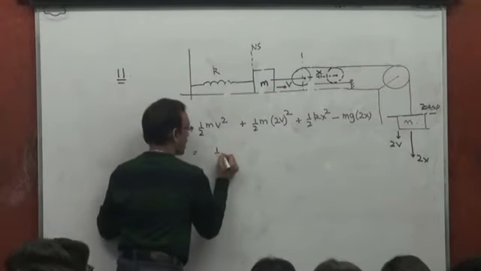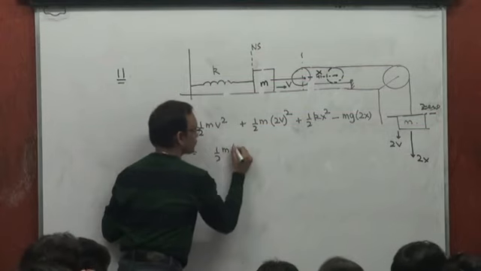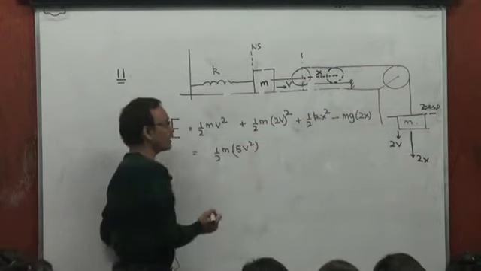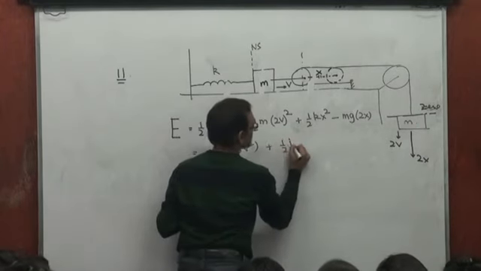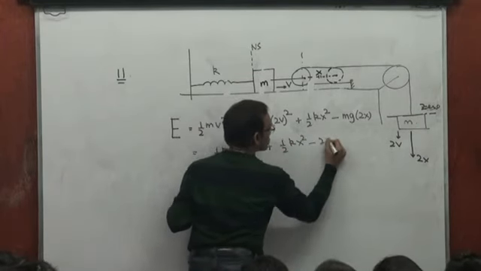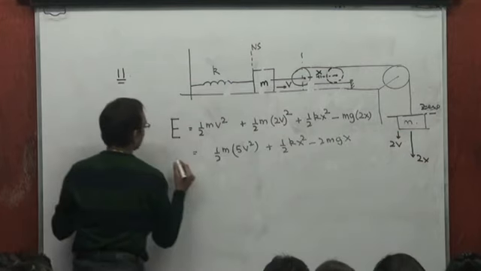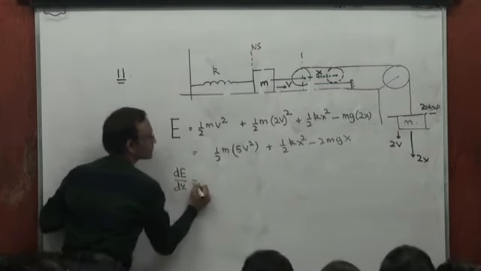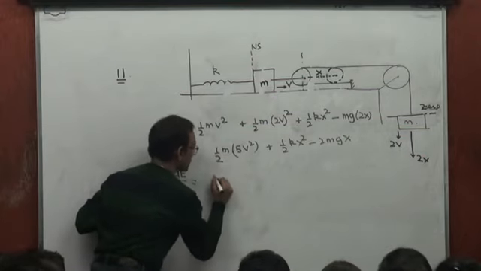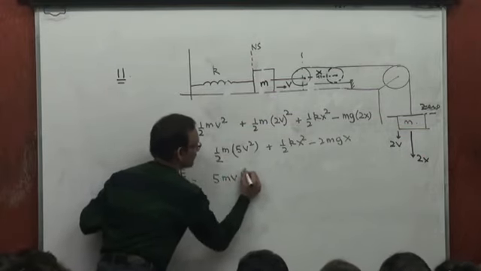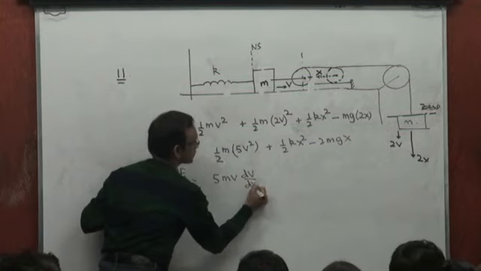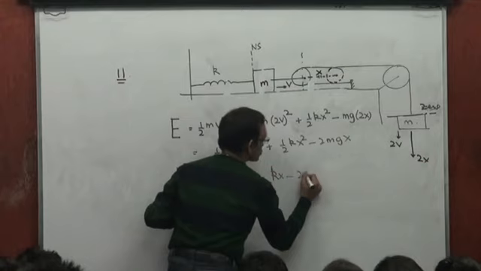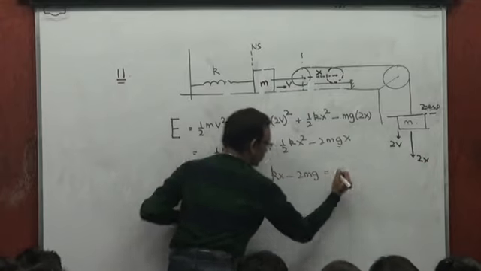So this is half m (v squared plus 4v squared), that is 5v squared, plus half kx squared minus 2mgx. And as is routine, dE/dx is 5mv dv/dx plus kx minus 2mg equal to 0.